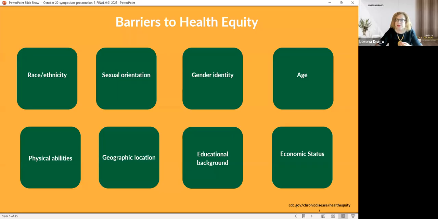People from some racial and ethnic minority groups exhibit health disparities. Individuals from communities or racial and ethnic groups such as Blacks, Hispanic, Asians, American Indians, and Alaska Natives have a higher prevalence of type 2 diabetes.